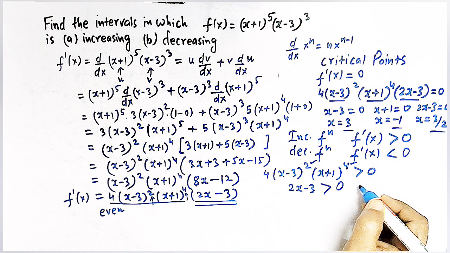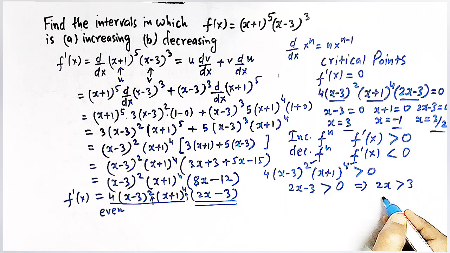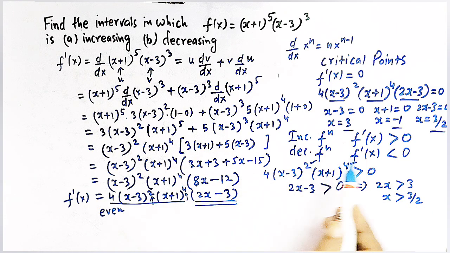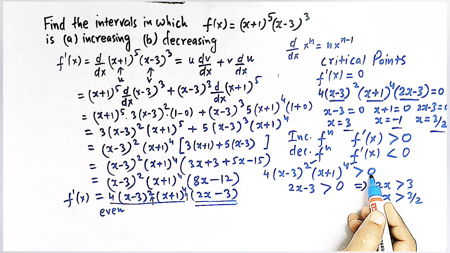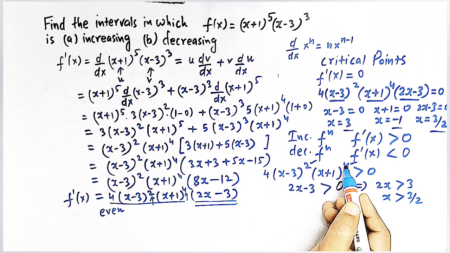So now f'(x) is greater than 0 only when 2x - 3 is greater than 0, right? So from this inequality we have 2x greater than 3, that is x is greater than 3/2, dividing both sides by 2, right? So what we have discussed here, this factor 4(x - 3)^2 (x + 1)^4 is always positive, because 2 and 4 are even exponents, right?